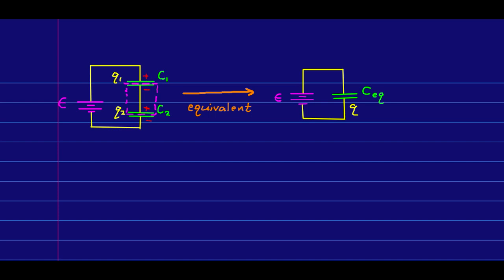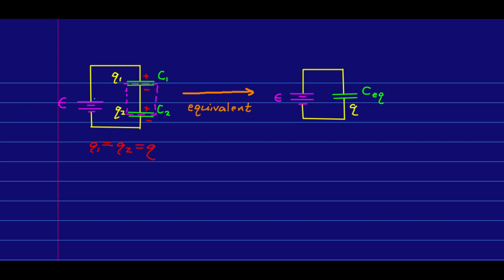And so what that tells us is that Q1, the amount of charge on capacitor 1, is equal to Q2. And that must be equal to the total amount of charge that got pulled around through the battery, and that's Q. So we've just learned that for capacitors in series, the charges on them are always the same, and they're the same as the charge on the equivalent capacitance.